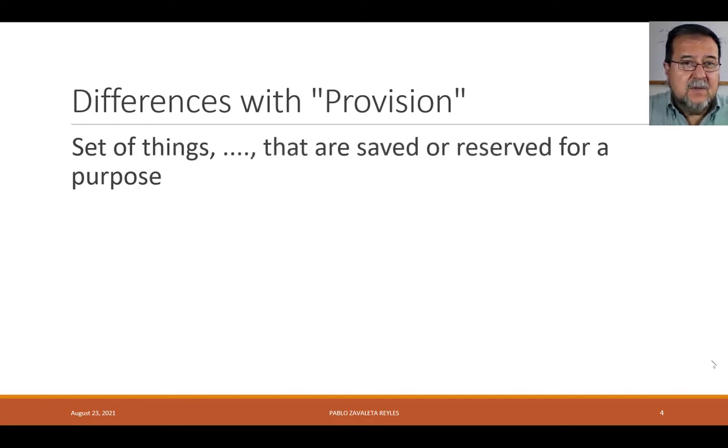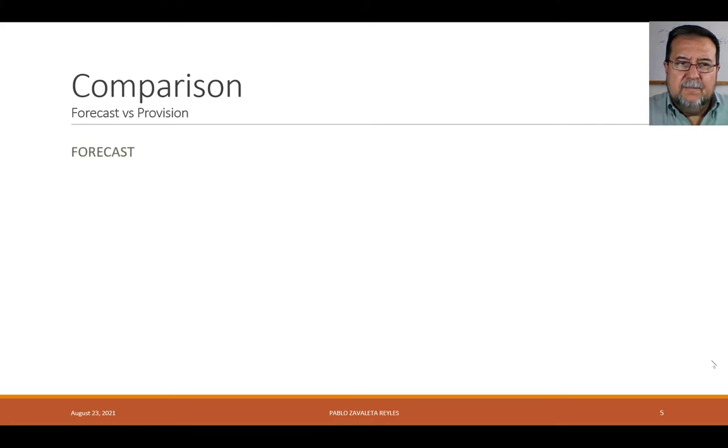In provision, we just set aside something, we saved it or we reserve it for a purpose. So, if we have to compare forecast with provision, in the forecast, the resources that we are separating to be used are estimated.